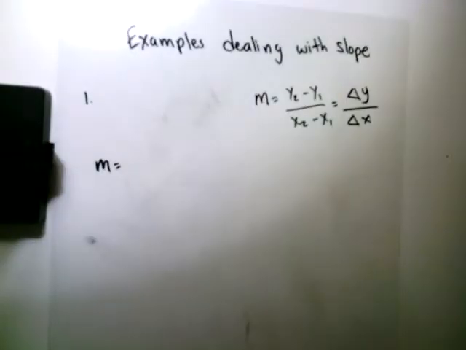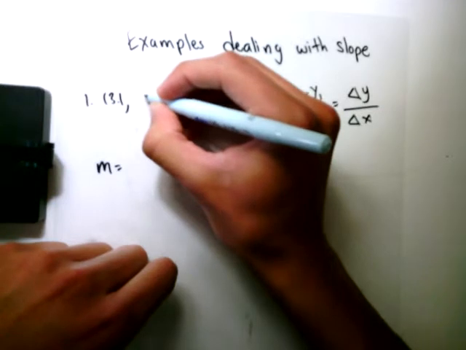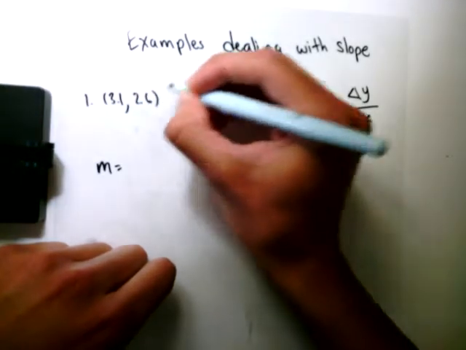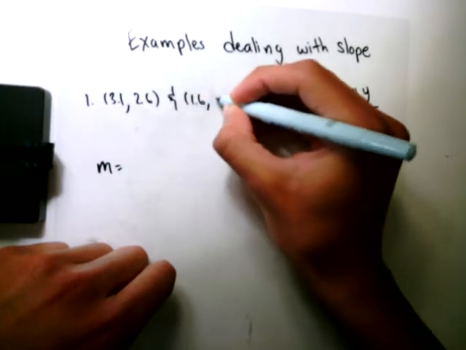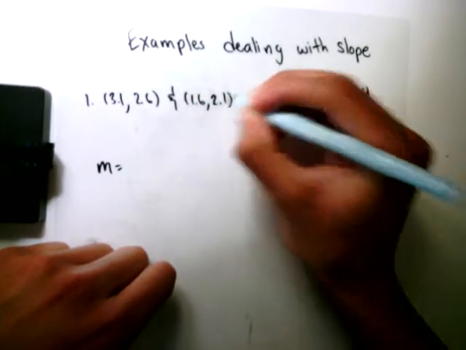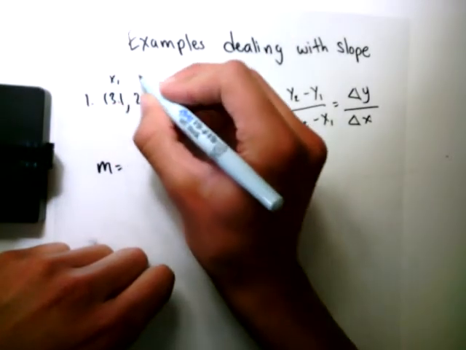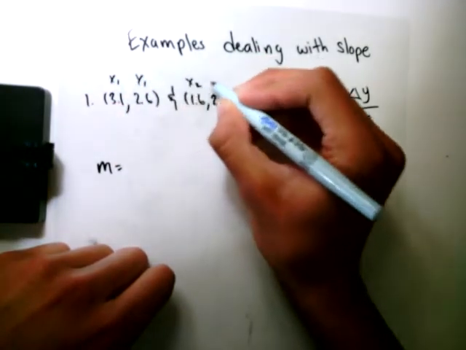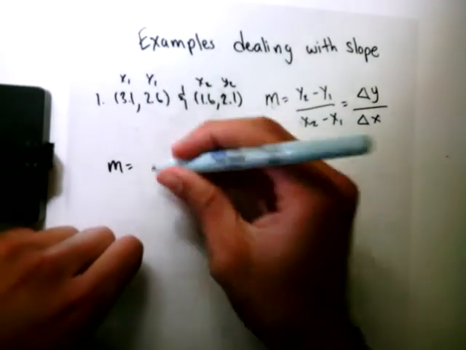Alright, so in our next problem, we're given the points (3.1, 2.6) and (1.6, 2.1). So we label our x1 and our y1. So this is x1, this is y1, this is x2, and this is y2. Perfect. Now we're going to plug this directly in.